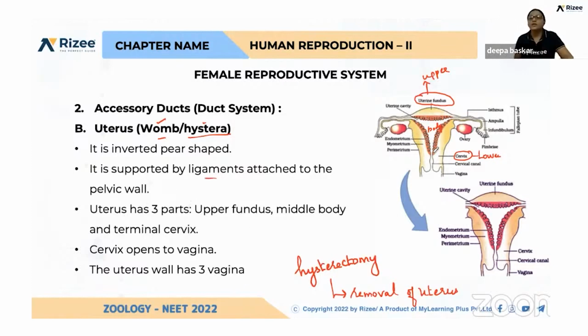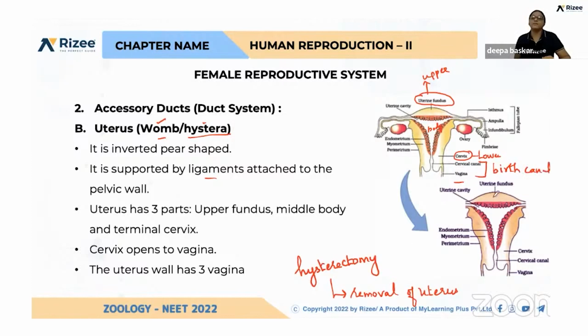And what is the connectivity? The connectivity of the uterus to the outer part of the female genitalia is done by the vagina. So the cervix extends as the vagina. This is called the cervical canal. The cervical canal and vagina together form the birth canal.